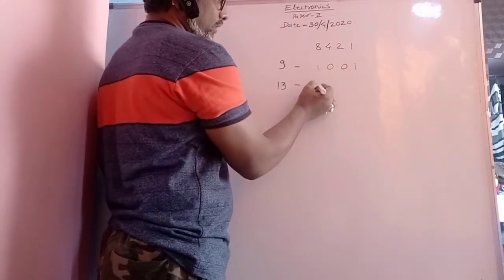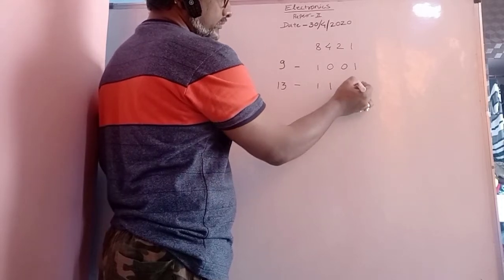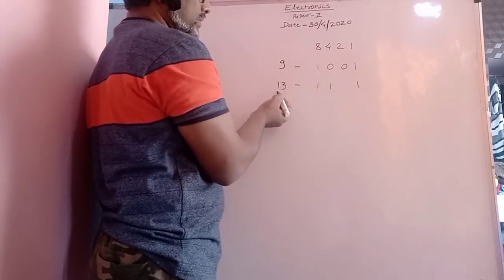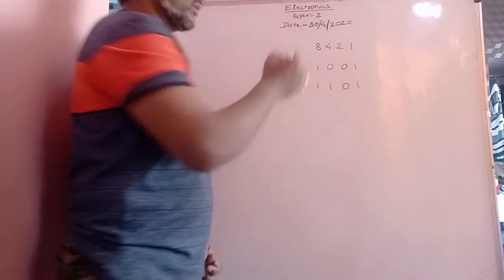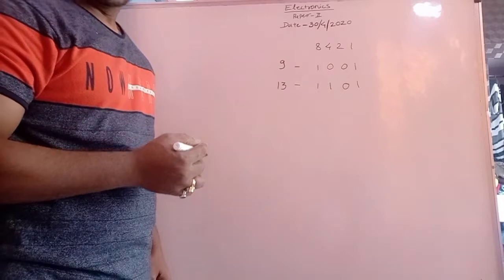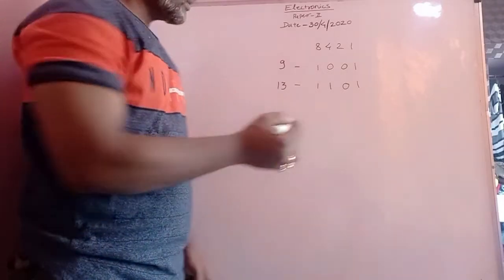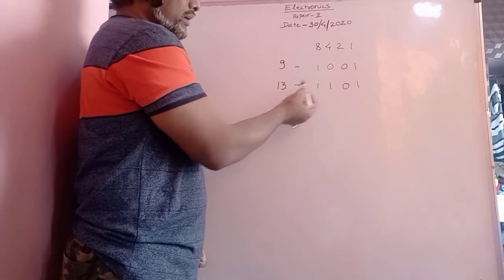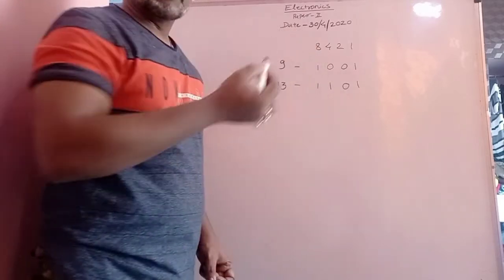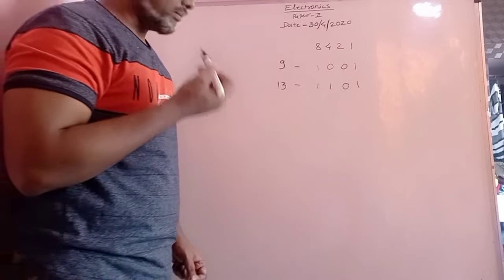So we write 1 at that position so that it becomes equal to 13, and just you put a 0 on the other positions. Okay, so like this we can convert any decimal number into its equivalent 4-bit binary number.